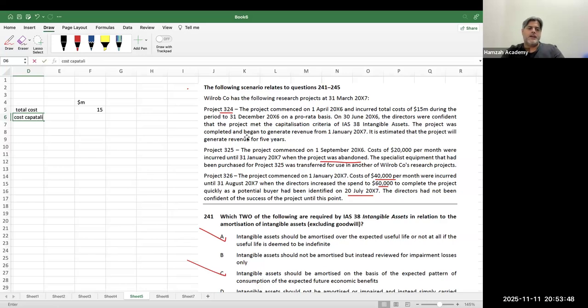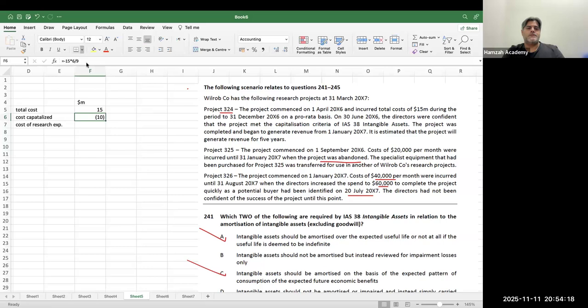So the cost capitalized is July to December, 6 months. The total is from April to December, 9 months, so 10 is going to be deducted here. Then we have the cost of research expense, which is going to be 5 million.